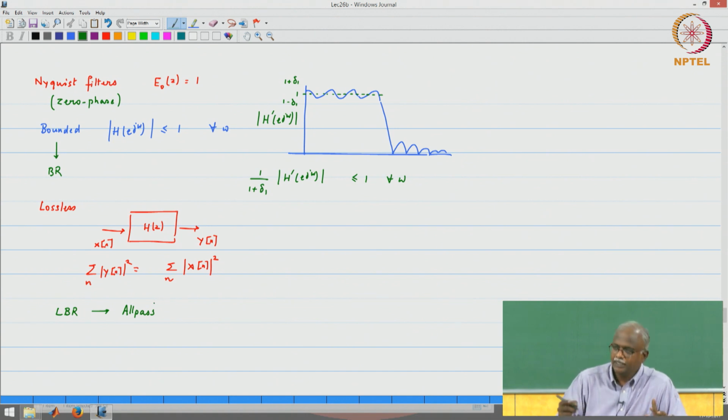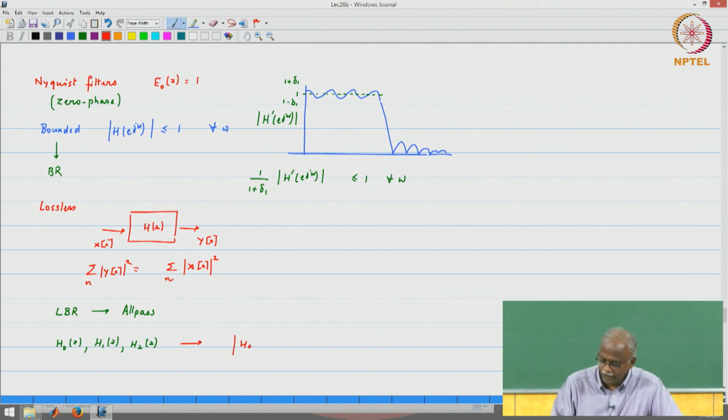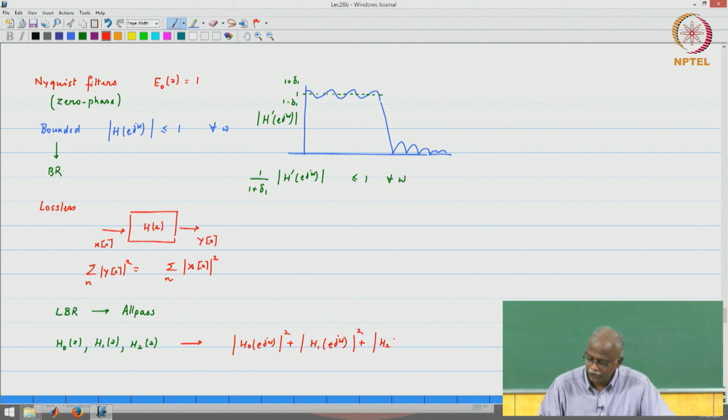However, there is another interesting class of filters, or transfer functions, that we are interested in. So this is if you have, for example, H0(z), I am just going to write a different example from what we considered in the last class, H1(z), H2(z), and these satisfied the following condition: magnitude H0(e^j omega) squared plus H1(e^j omega) magnitude squared plus H2(e^j omega) magnitude squared is equal to 1 or a constant.